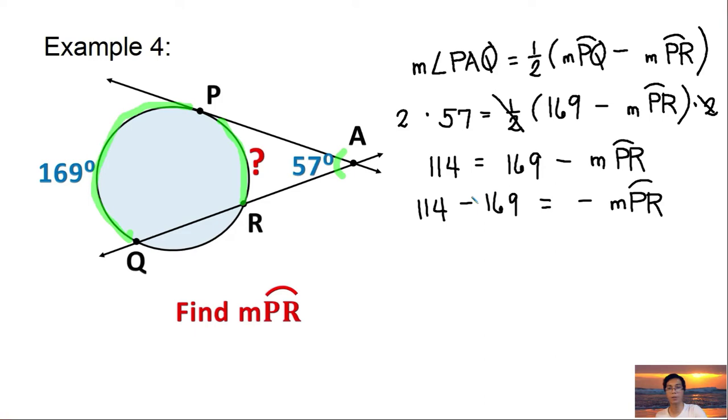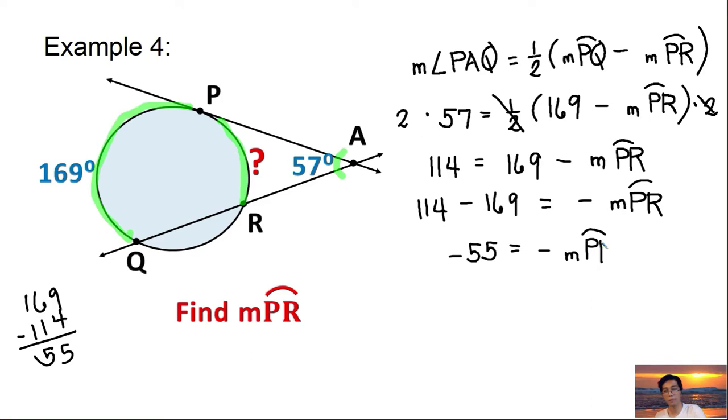So, 114 minus 169 is negative. So, sulat nga natin dito. So, subtract natin 169 minus 114. So, siya ay 55. So, this is negative 55. Tama. So, negative 55 is equal to negative measure of arc PR.